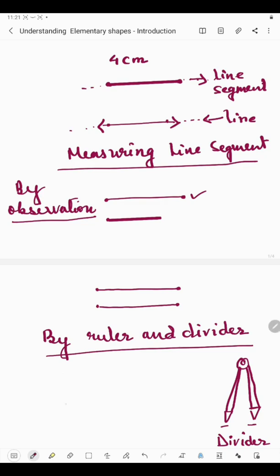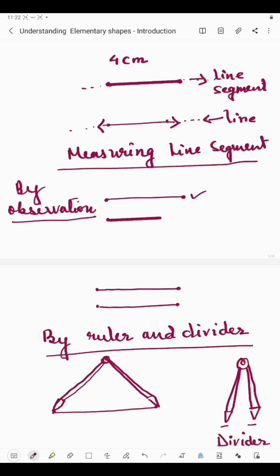Suppose this is the line segment. At first, what will you do? You will take the help of the divider to measure the length. So you will open the divider at first. One pointer will be at the starting point and another pointer will be at the end point.